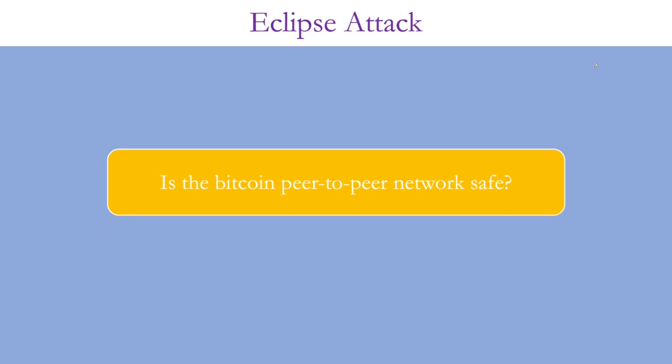So that is the Eclipse attack that allows the attacker to monopolize all of the victim's incoming and outgoing connections, which isolates the victim from the other peers in the network.